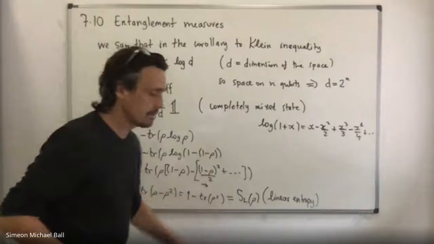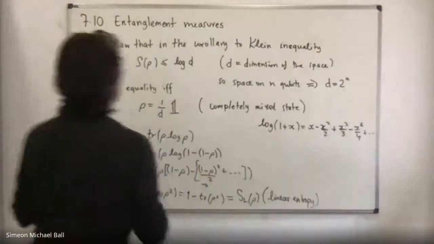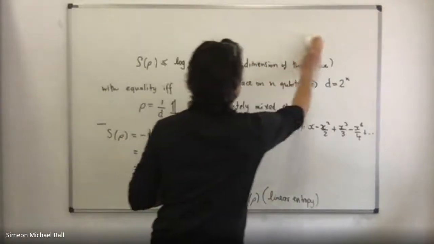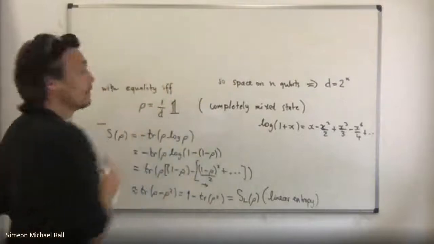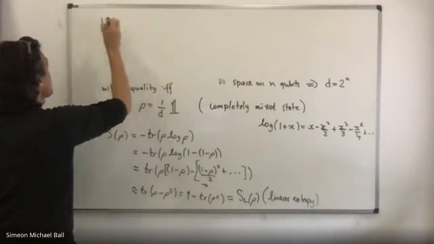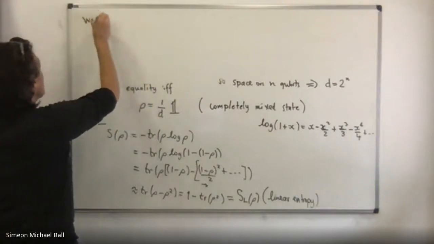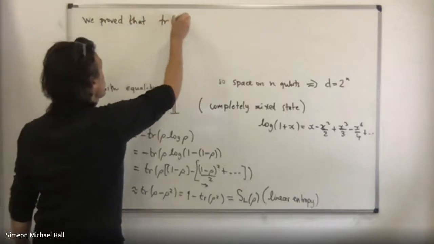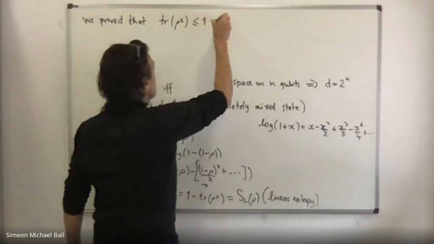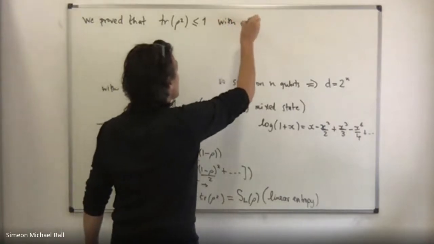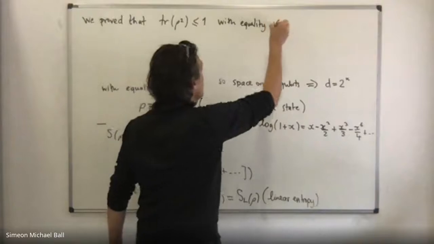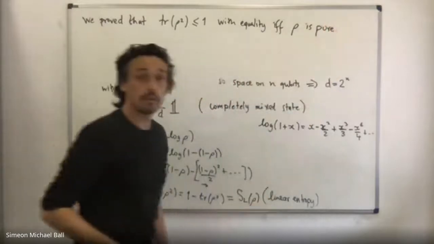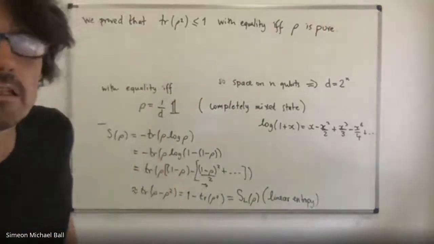Now we know some things about this trace of rho squared because we proved them way back when. We proved that the trace of rho squared is at most 1, with equality if and only if rho is pure, so it's simply the projector of some state.